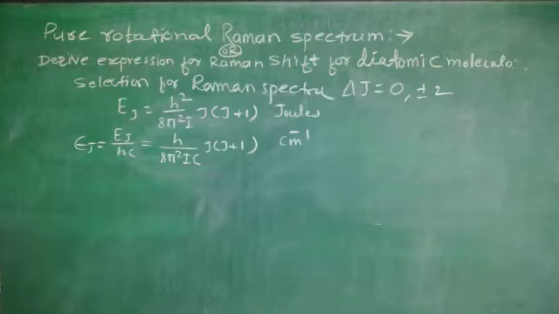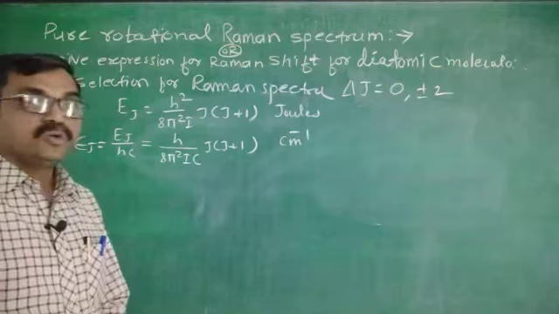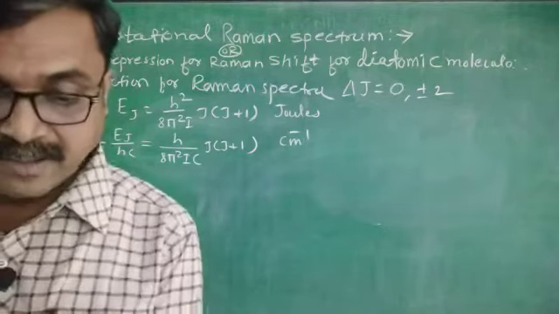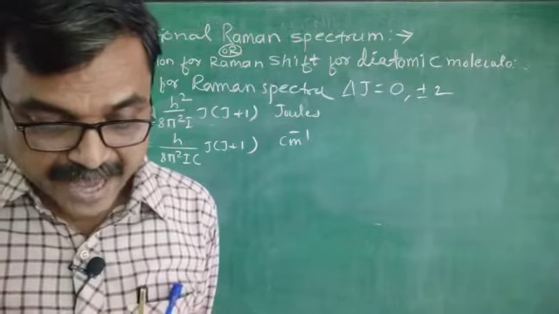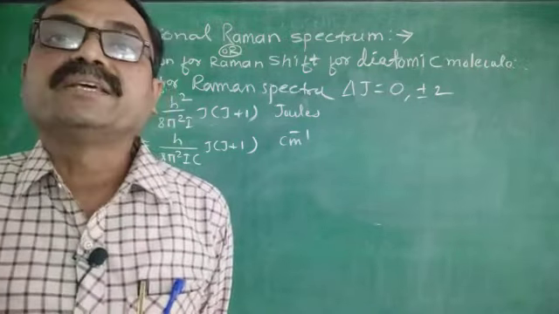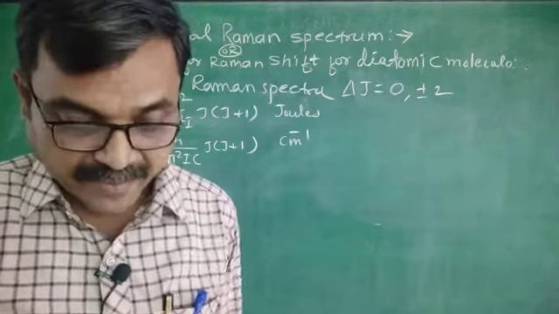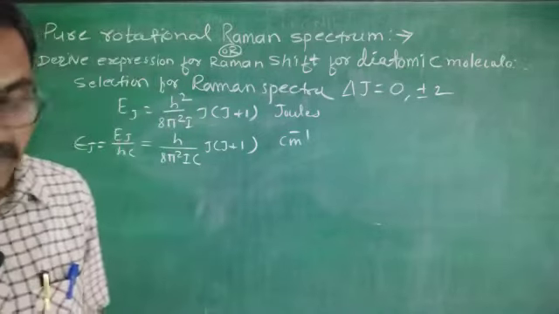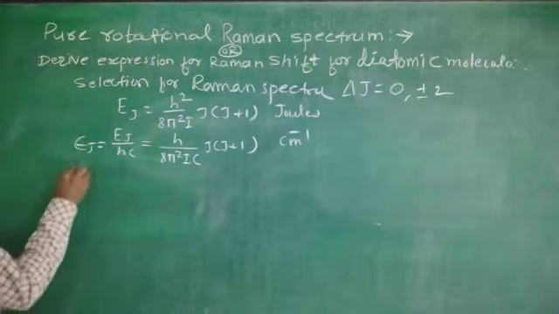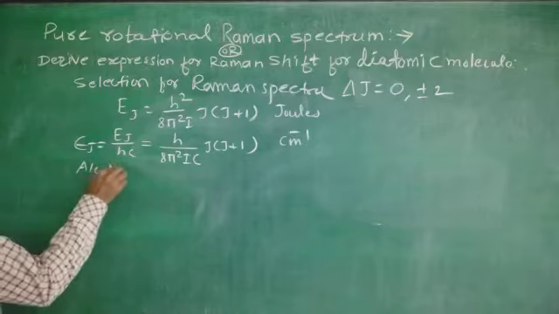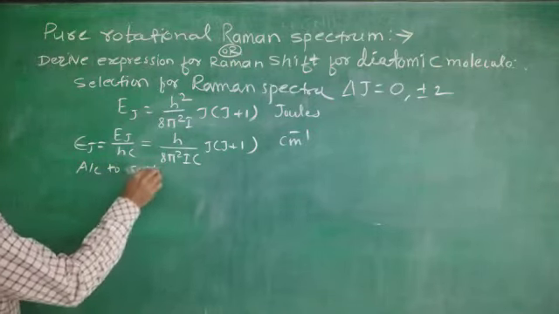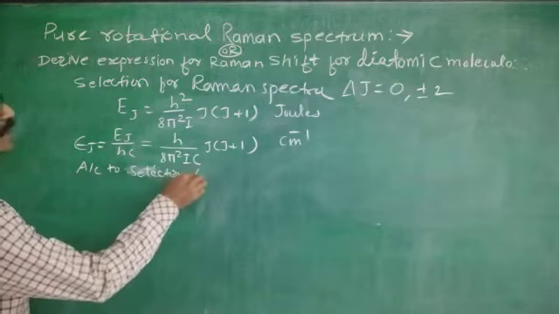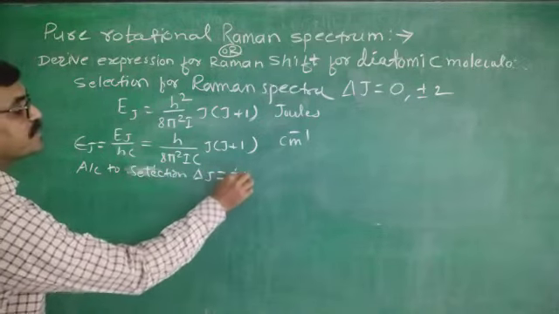Okay, now if we consider the transition according to the selection rule, if the Stokes and anti-Stokes lines are observed, then what you have to do? The selection rule for the Raman rotational spectrum is delta J equals plus minus 2.